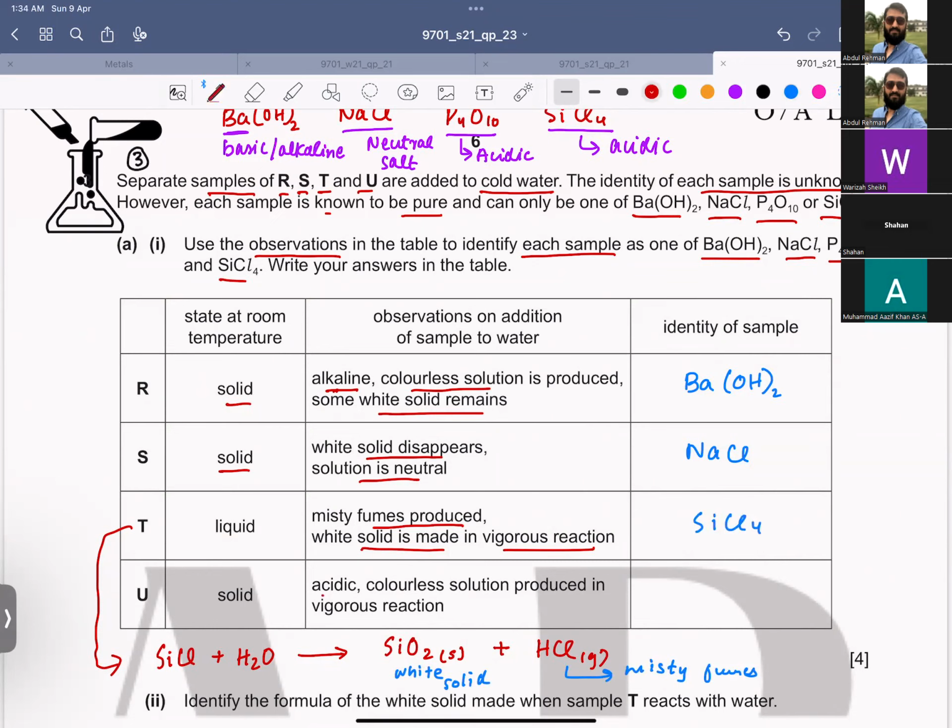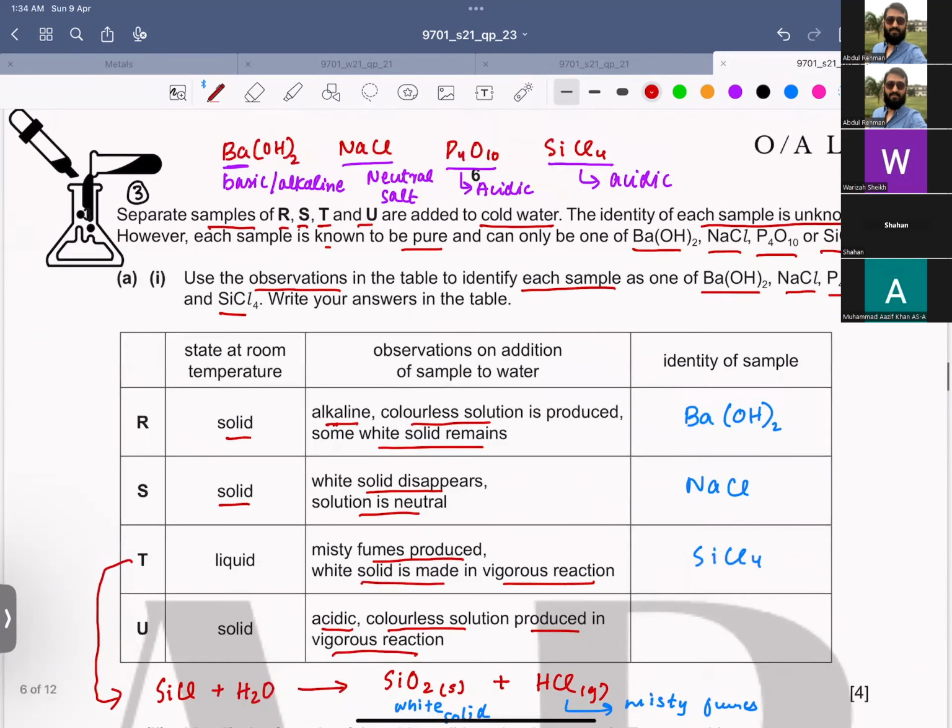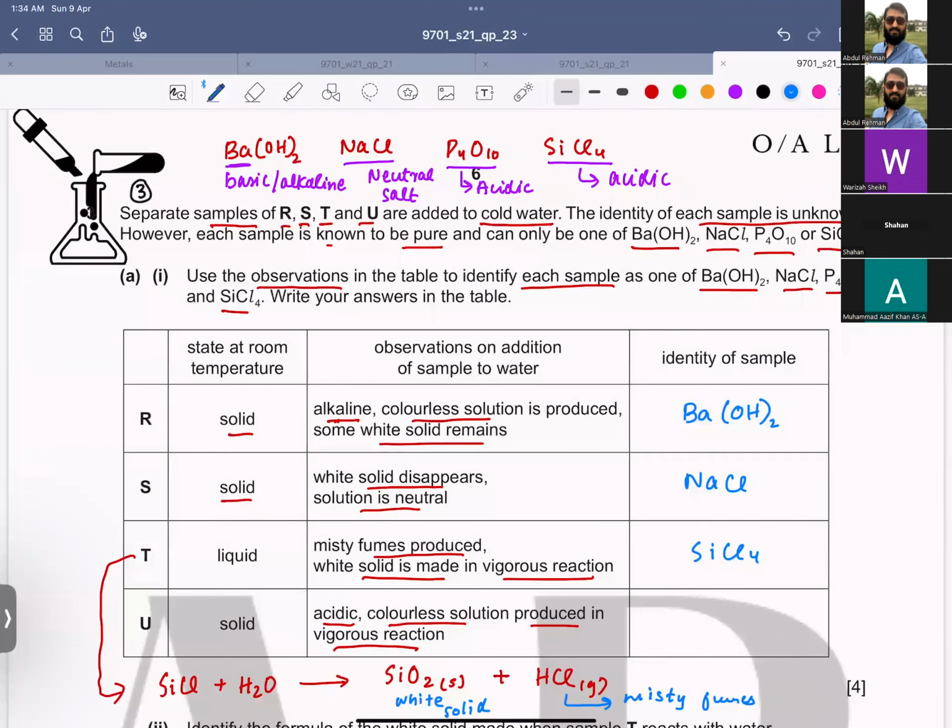And then acidic, colorless, produced in vigorous reaction. So acidic, we are left with only P4O10, phosphorus(V) oxide. So we would write P4O10 over here. Is this clear?